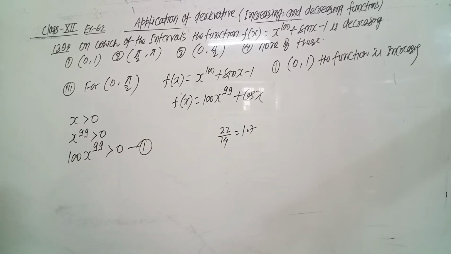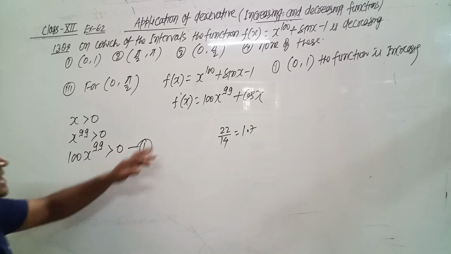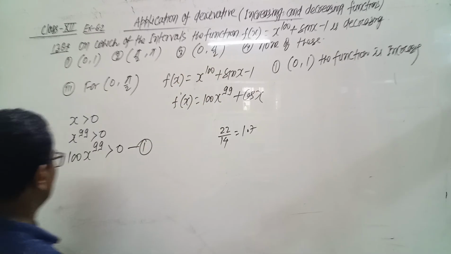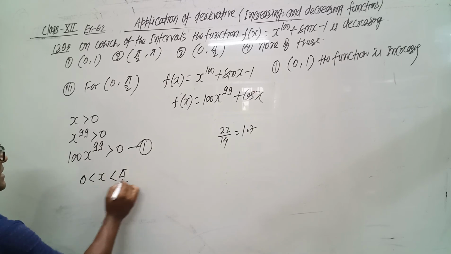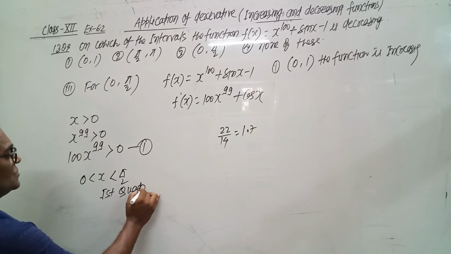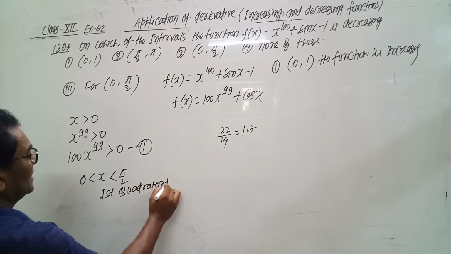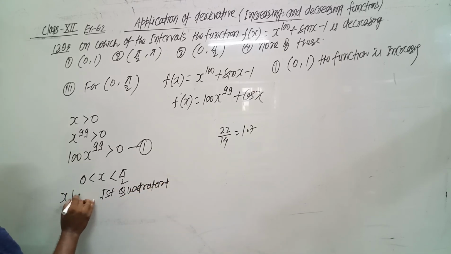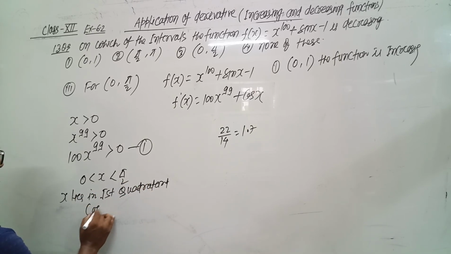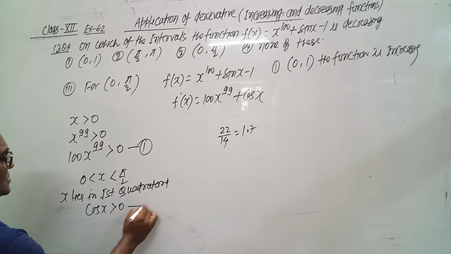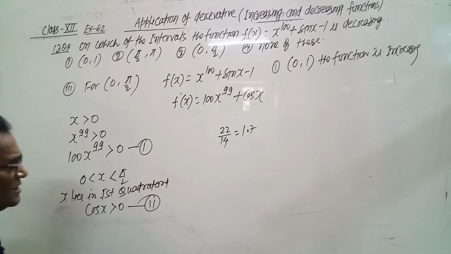And the value of cos x from 0 to pi by 2: 0 is less than x is less than pi by 2. It means this is the first quadrant. x lies in the first quadrant, and in the first quadrant cos x is greater than 0. This is second equation.